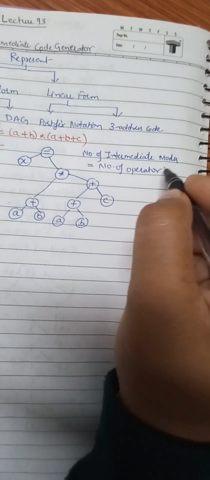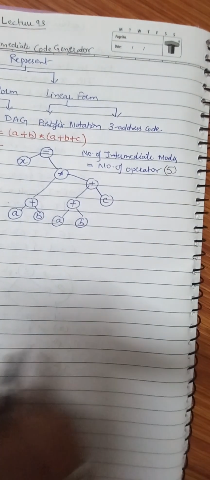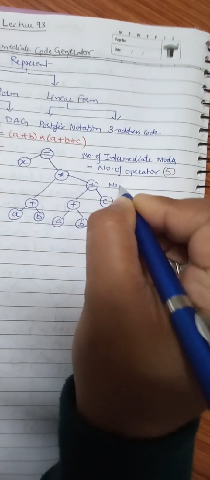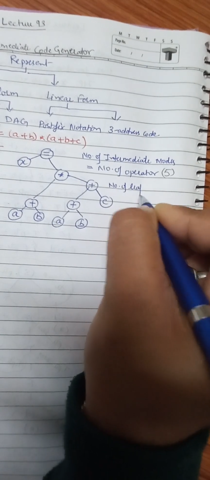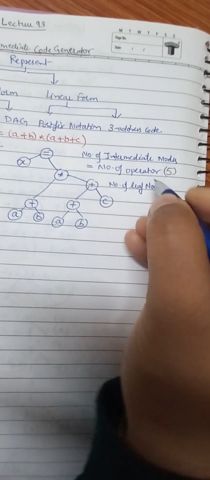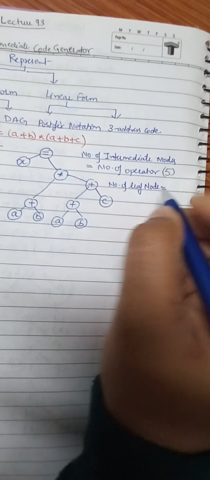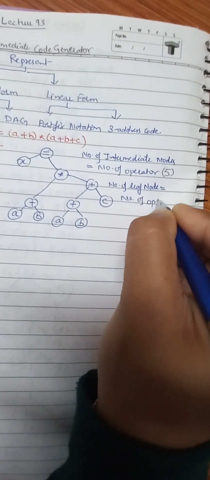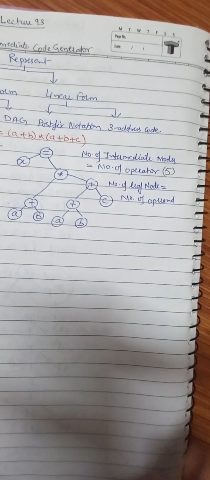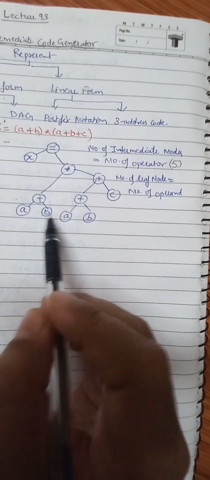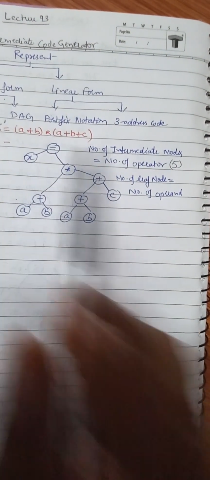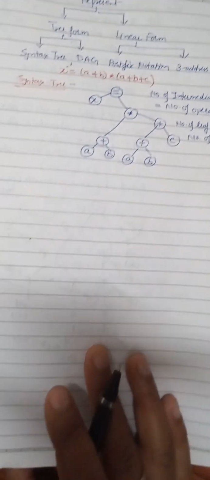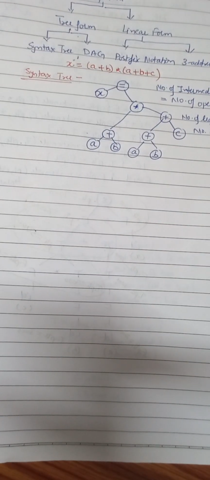Total 5. And the number of leaf nodes is equal to the number of operands, that is how many? 1, 2, 3, 4, 5 and 6. So this is how we can represent the syntax tree.